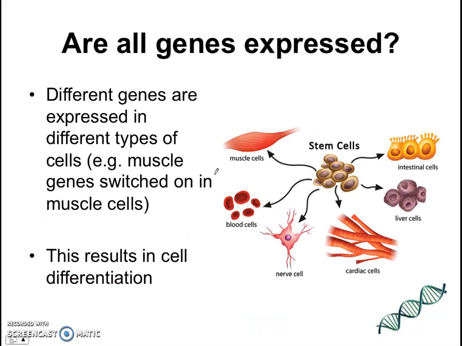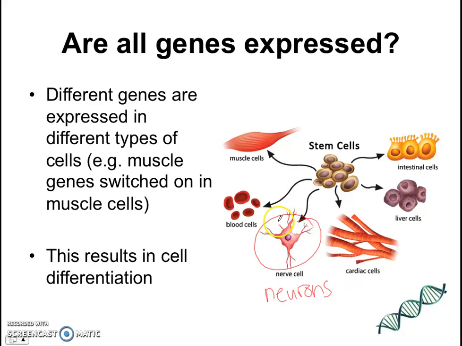Right, so we've learned about gene expression, and we want to ask ourselves the last question, which is that, are all genes expressed in a cell? Well, it turns out that actually different genes are expressed in different types of cells. So for example, in muscle cells, only those muscle-specific genes are turned on and are expressed. That's why muscle cells look like muscle cells. But let's say in your nerve cells, in your neurons, which look very, very different from muscle cells, right, different sets of genes are turned on, those that are specific to neurons.